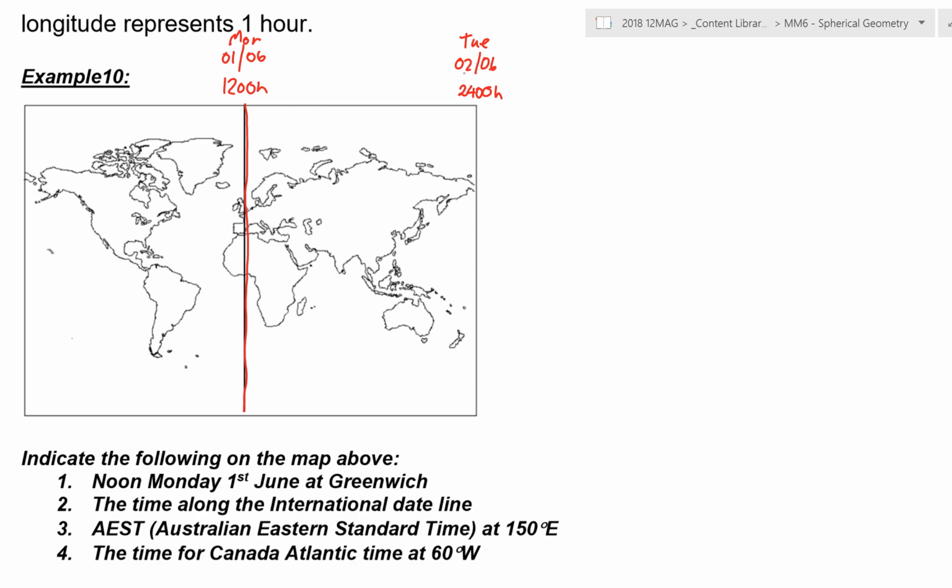But if I go the other direction, this is 12 hours behind, so it's 2400 hours on the 1st. It's very early Monday morning here, and very early Tuesday morning here. These two places are 24 hours apart. So on one side of that line it's Monday, and on the other side it's Tuesday.